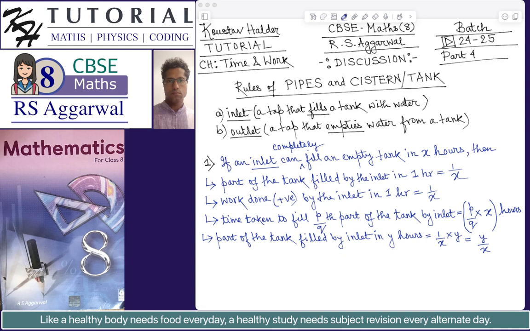So these are the 2 types of taps that we will work with. So it is all about a tank being filled or emptied with water by some inlet or outlet taps.